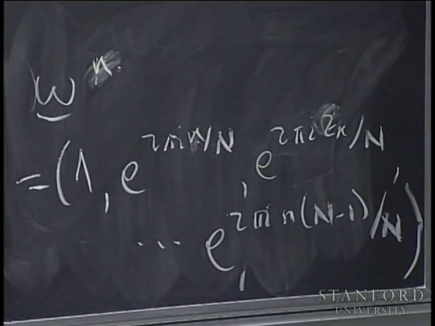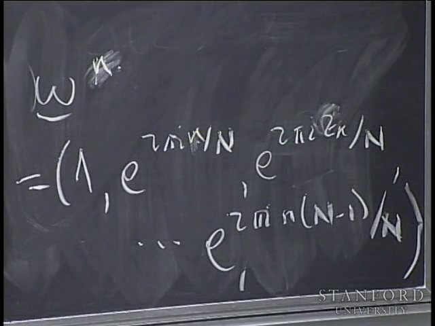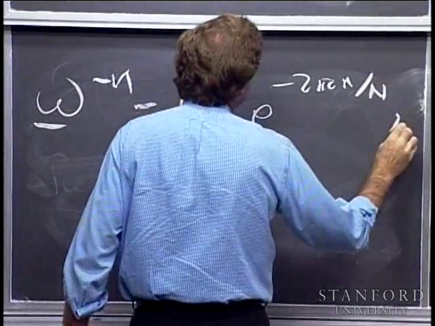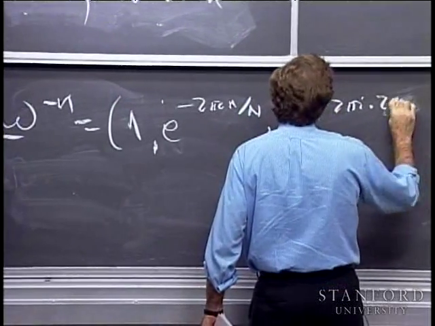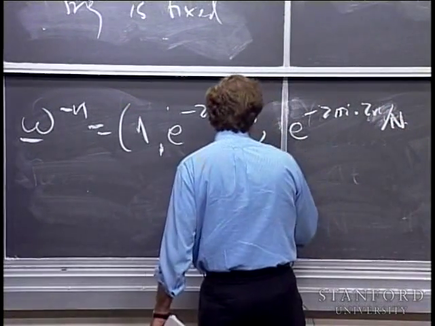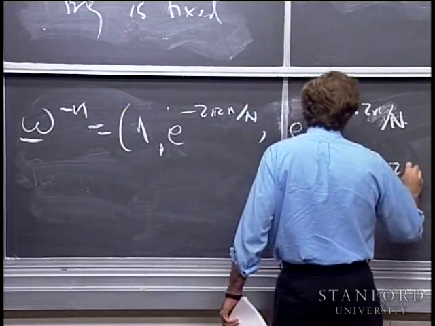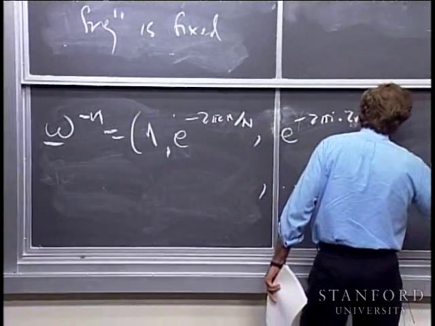And of course, if I can take positive powers, I can also take negative powers. n is not meant to be restricted to be positive here. Just to write it down, omega to the minus n, same thing, is 1, e to the minus 2 pi i n over n, e to the minus 2 pi i 2n over n, then all the way up to e to the minus 2 pi i n times (n minus 1) over n.